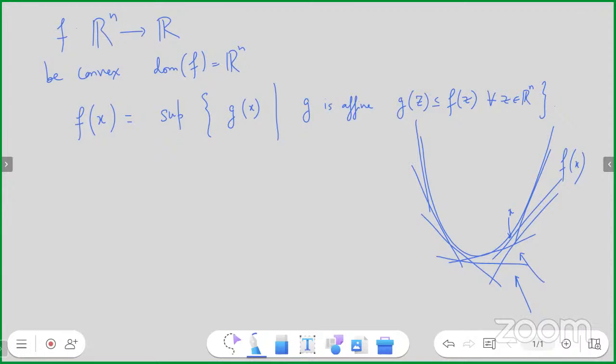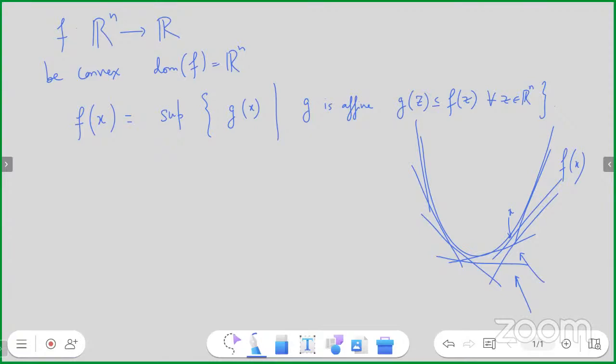For a convex function, its epigraph is convex. So if you can do something like this, it had better be via the epigraph. Because for the epigraph, I know that I can take the intersection of all half spaces, and that essentially is going to give me the epigraph.